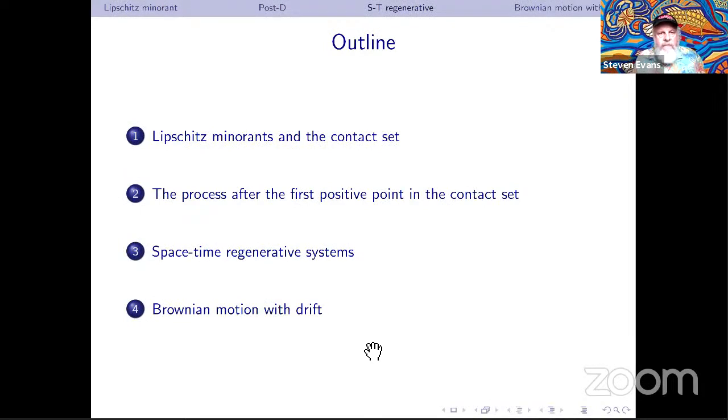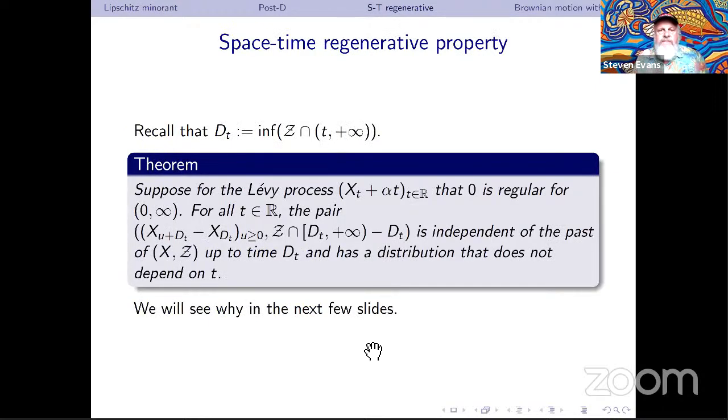Okay, so now we'll move on to the third bit of the outline, about so-called space-time regenerative systems. And so remember that D_t is the first time to the right of the time t that we're in the contact set.